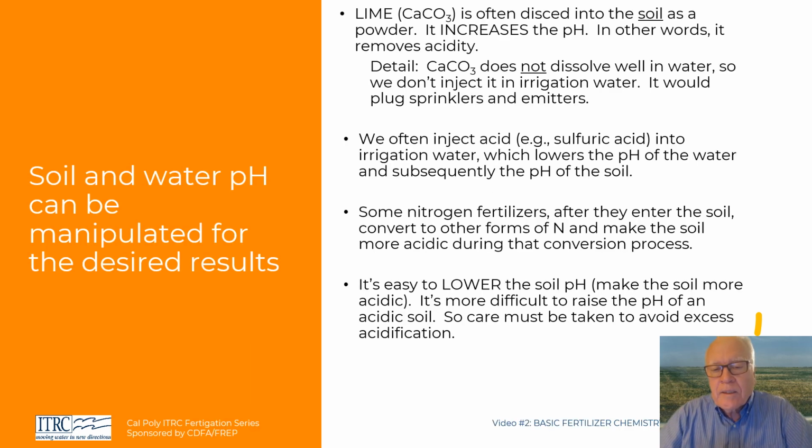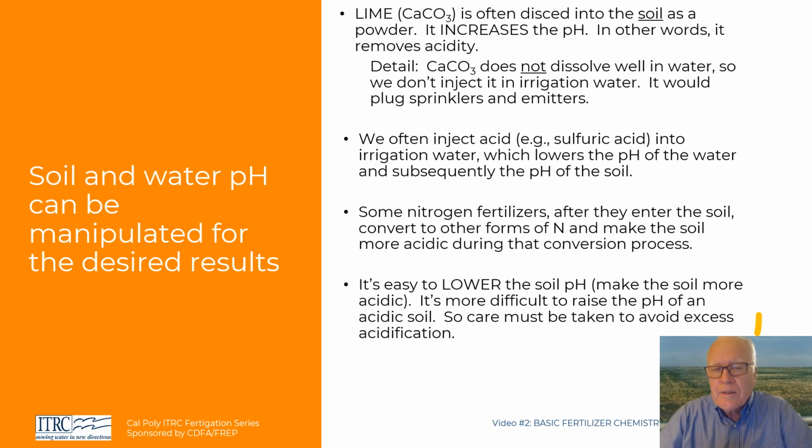This slide deals with trying to manipulate the pH of your water and or the soil. And now keep in mind, whatever you do with the water is going to have an impact on the soil.